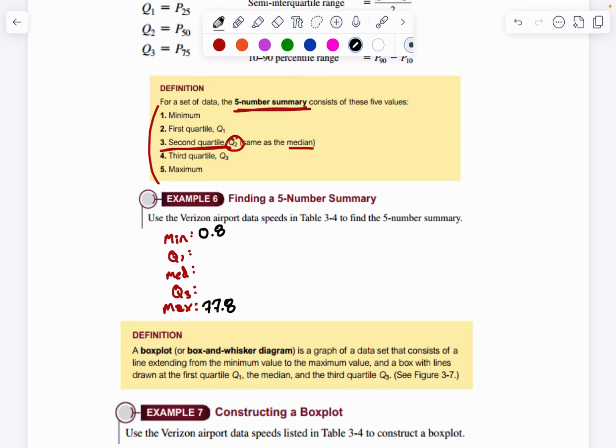Now I need to find the median, and the median is the middle number, and I have 50 numbers, okay? So I'm not going to do the cross thing, okay? If I have 50 numbers, I will not have an exact middle number. There will be 25 numbers on this half and 25 numbers on this half, okay?